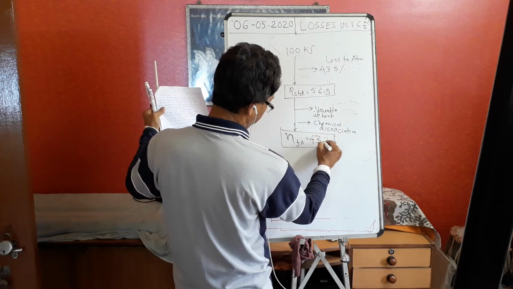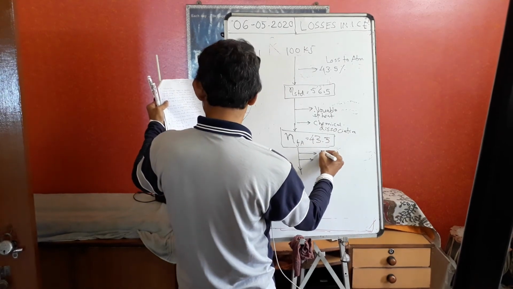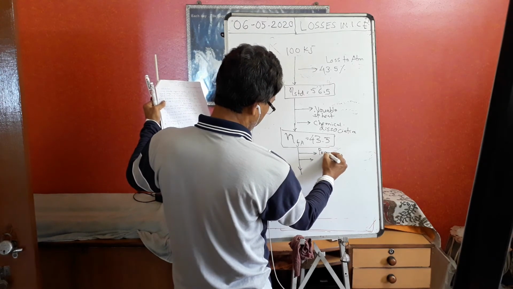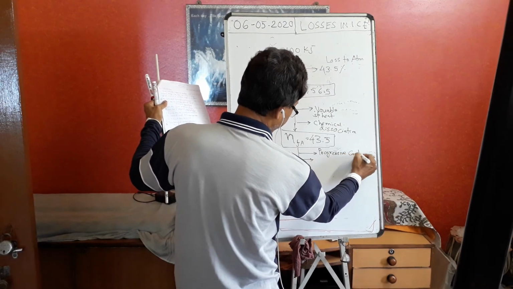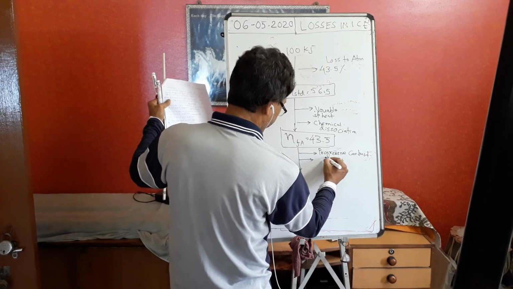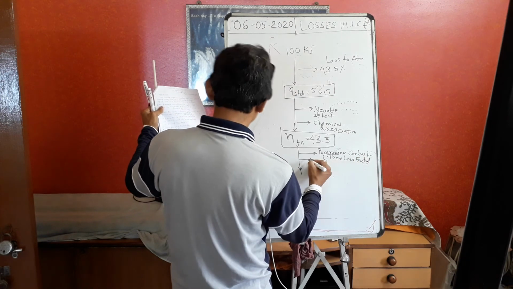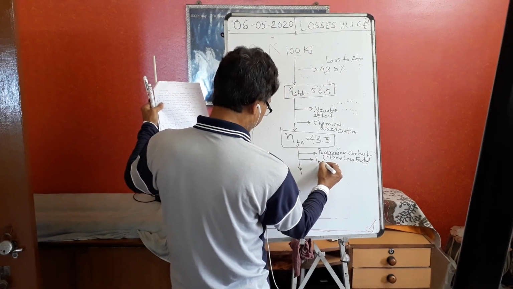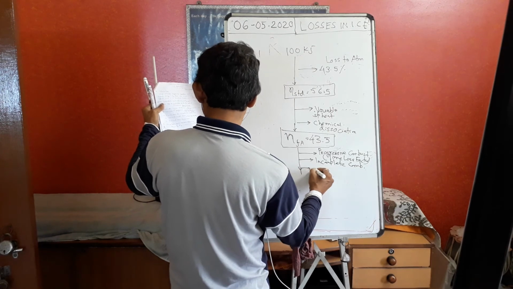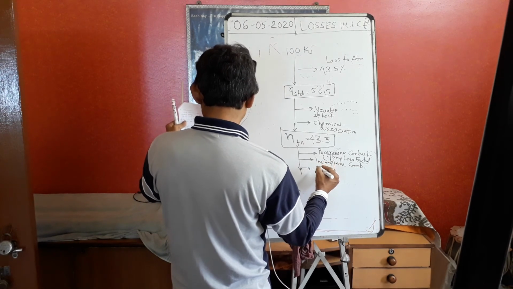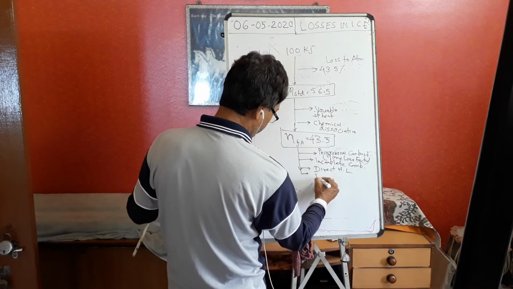Then from here we deduct many things: progressive combustion, whose other name is time loss factor, incomplete combustion, direct heat loss, and exhaust blowdown.